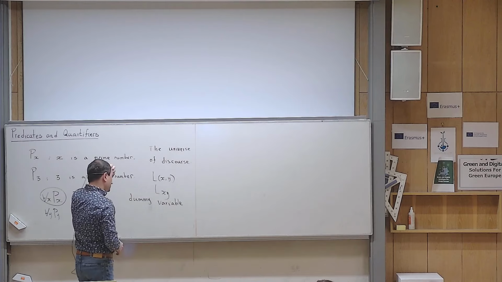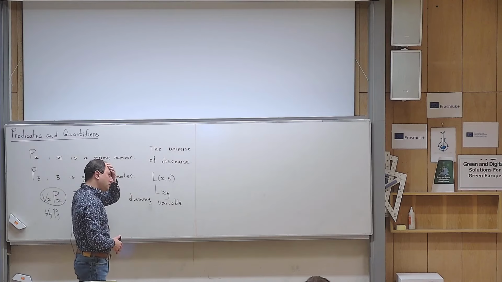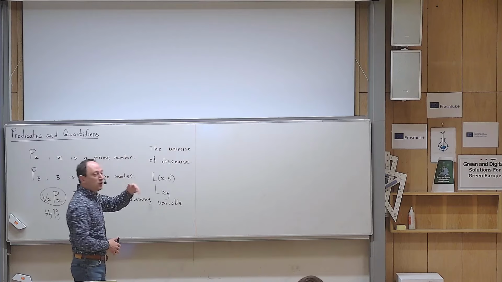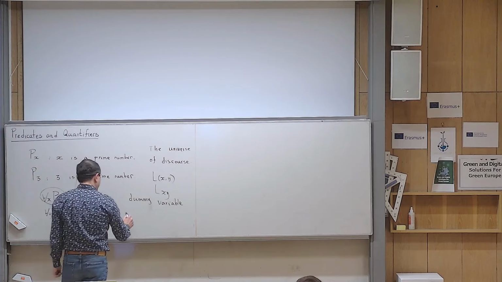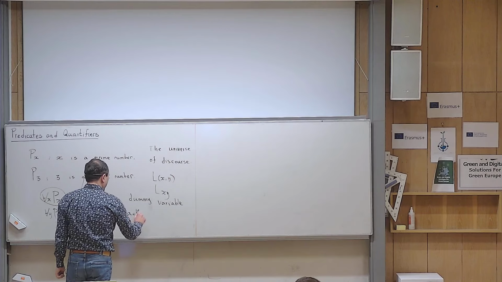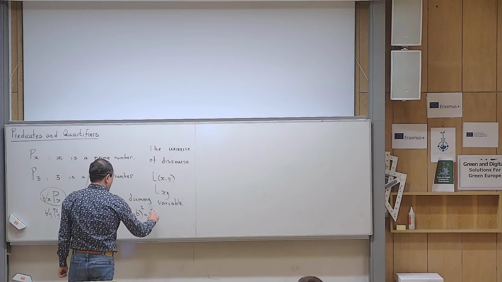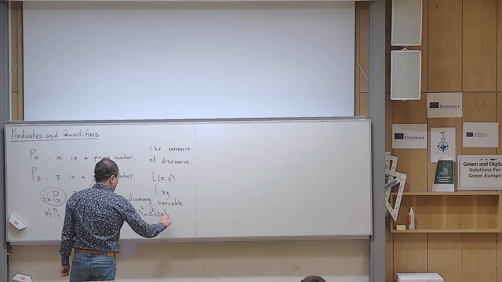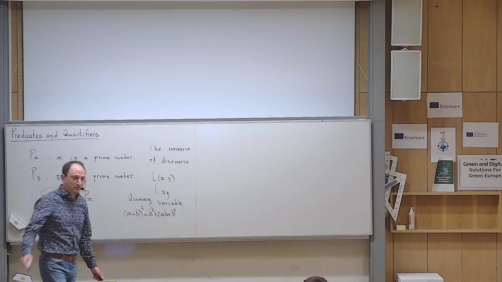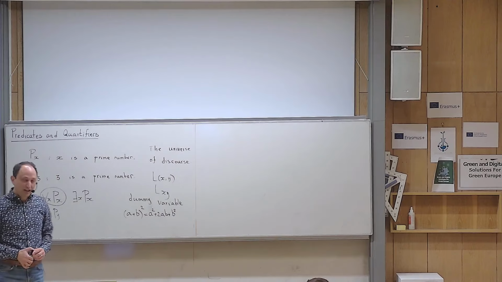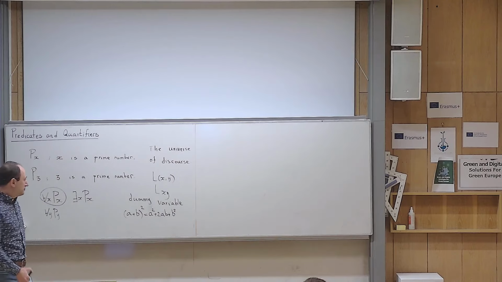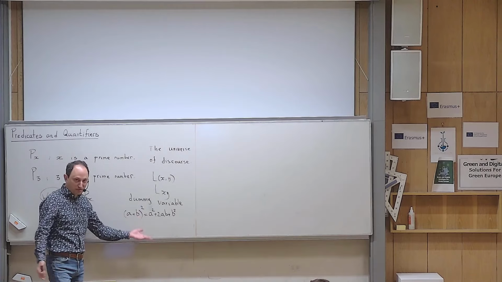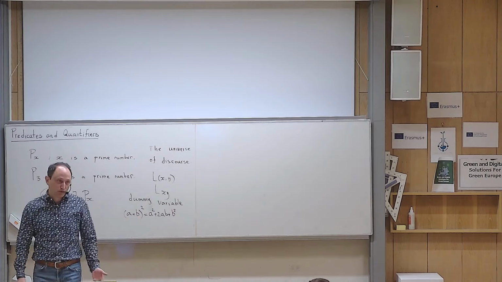That's a good question, because all of those are dummy variables. Do you know why? For example, if I write this, are A and B dummy variables here? Why are they dummy variables? By the way, is it a proposition? No, because it contains variables and we don't know if it is true or false.